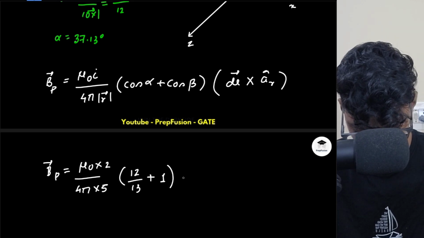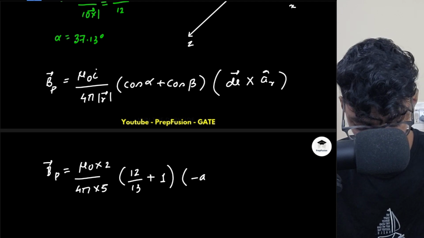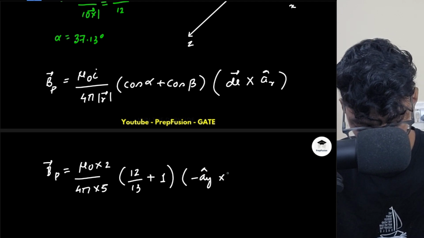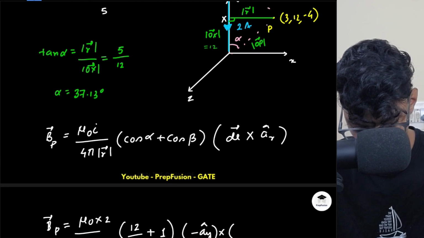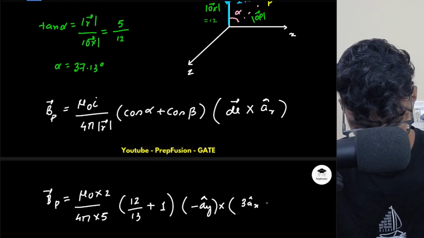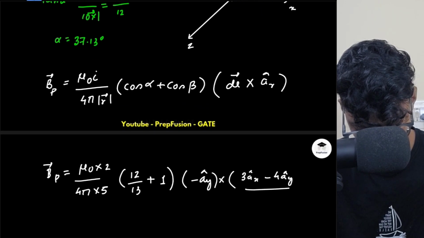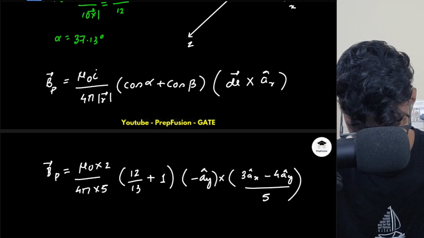Cos of 0 will be 1, into dl, which direction? Minus ay cap cross ar cap. Ar cap is in which direction? 3ax minus 4ay divided by 5.